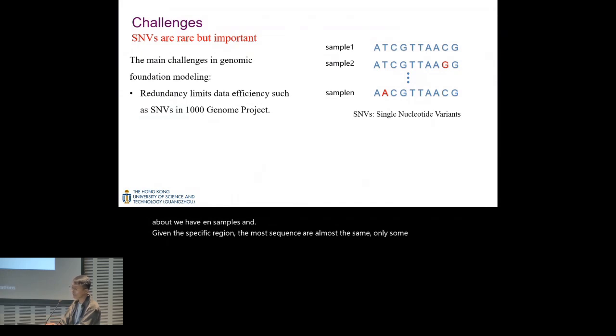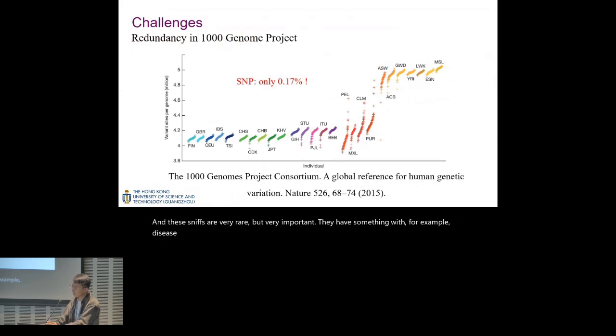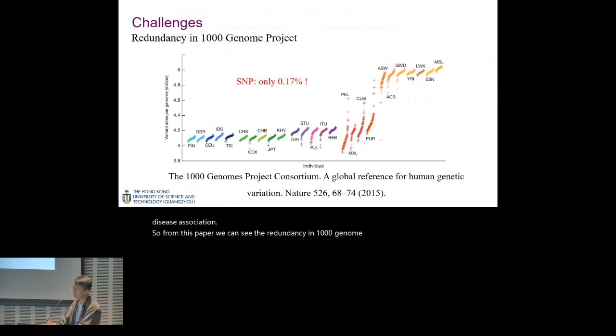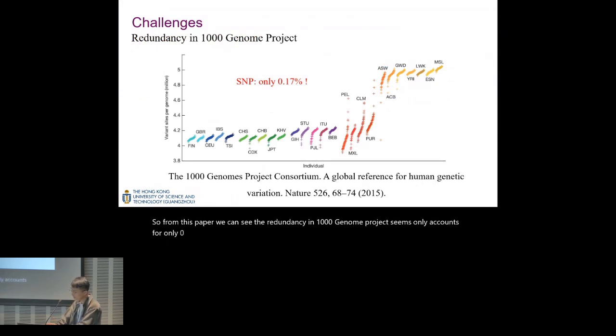We call these mutations SNPs, single nucleotide variants. These SNPs are very rare but very important. They are associated with, for example, disease. From this paper, we can see the redundancy in the 1,000 Genomes Project: SNPs account for only 0.70%.